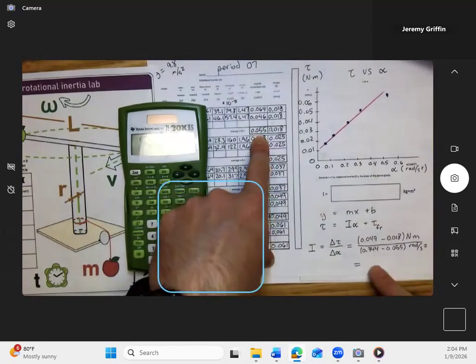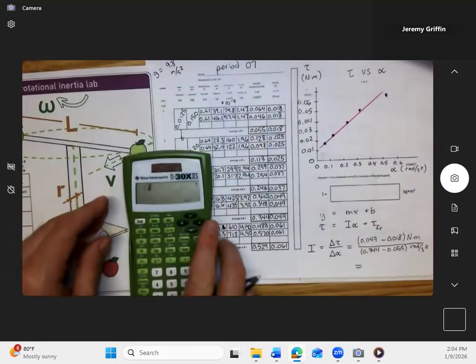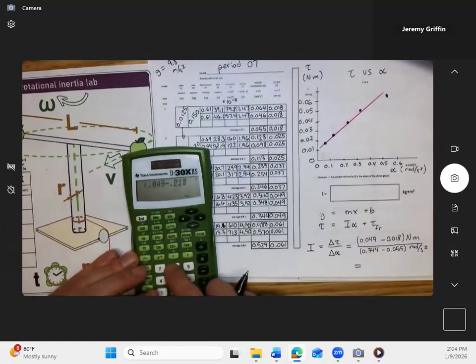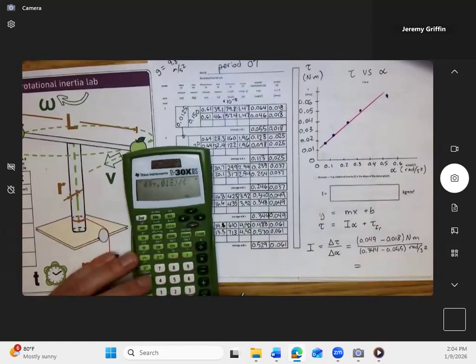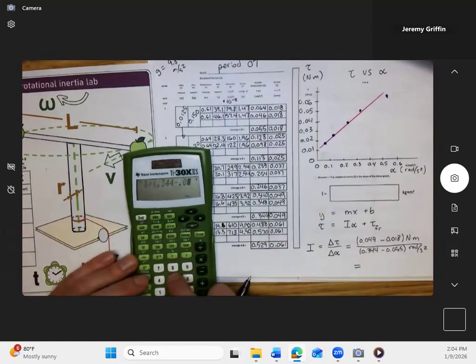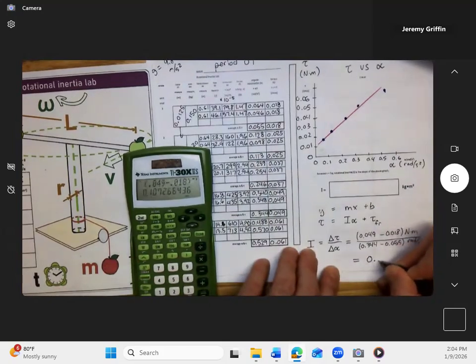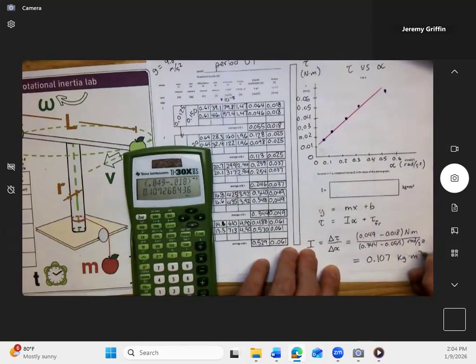Altogether, it comes out to 0.107, and the unit is kilogram meter squared for rotational inertia.